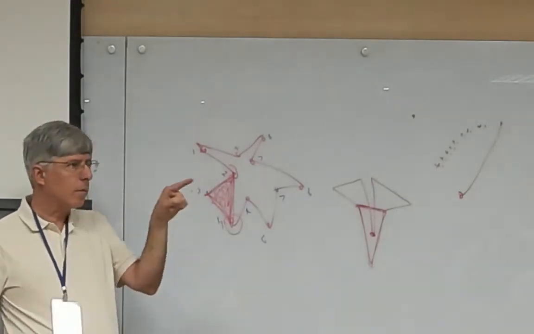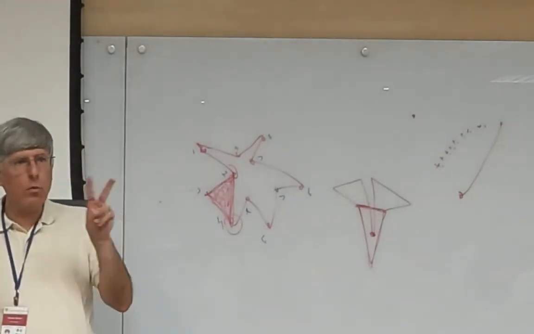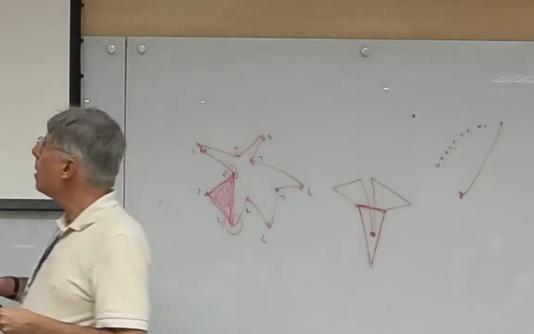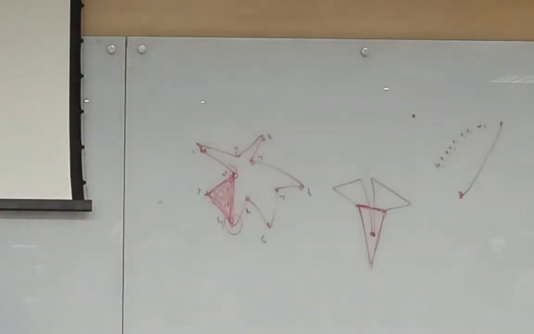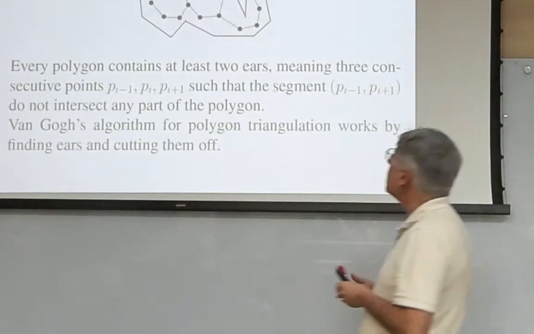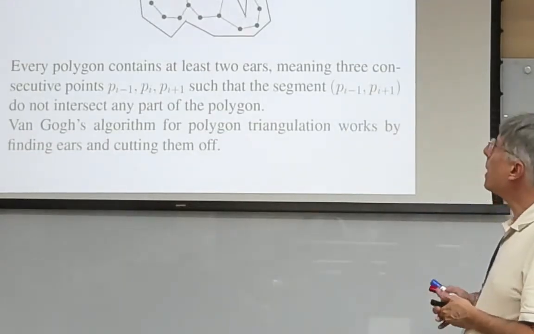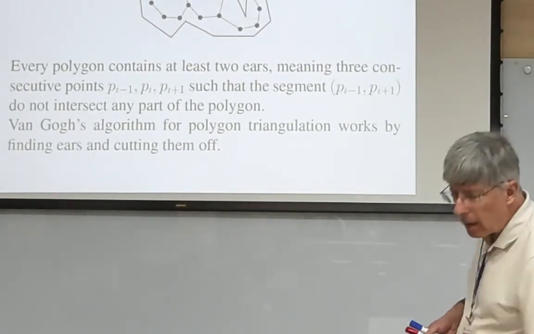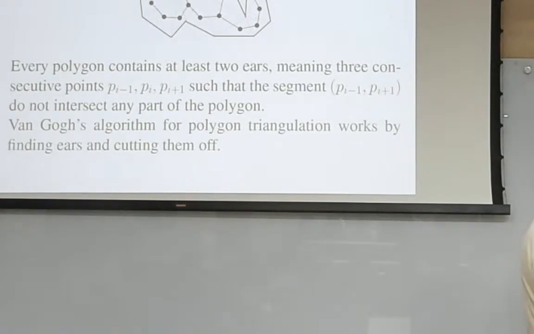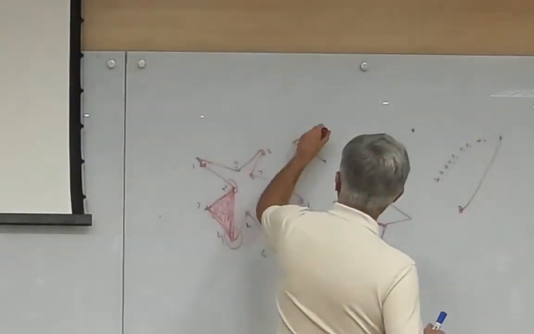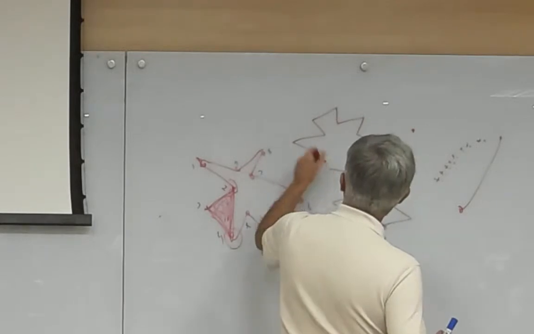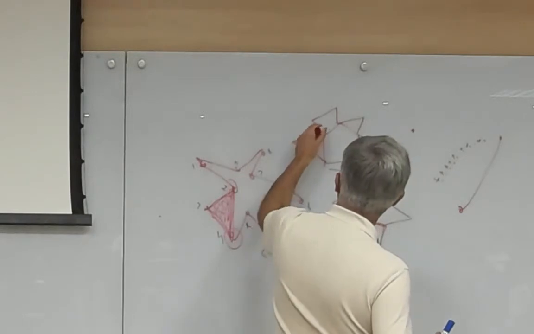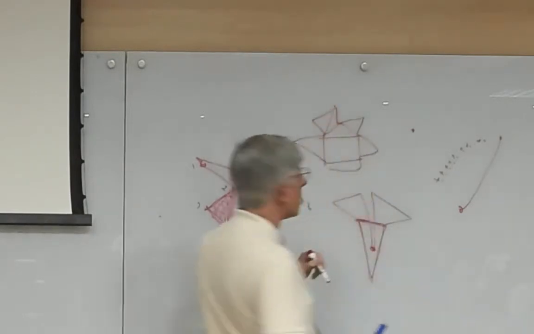Any questions? So there are 2 interesting things I wanted to leave you with. One is to note that in any triangulation of a polygon, you're going to have chords coming in, and every triangle is going to have neighbors.